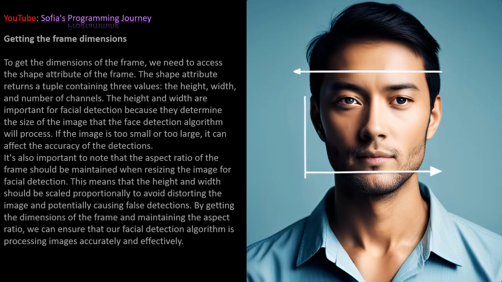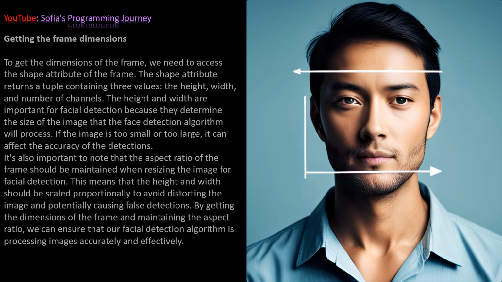To get the dimensions of the frame, we need to access the shape attribute of the frame. The shape attribute returns a tuple containing three values: the height, width, and number of channels. The height and width are important for facial detection because they determine the size of the image that the face detection algorithm will process. If the image is too small or too large, it can affect the accuracy of the detections.